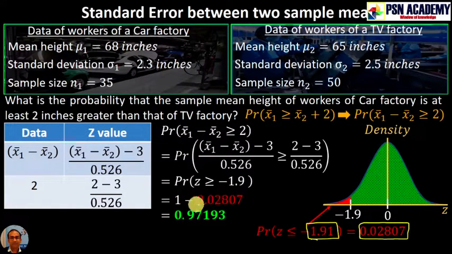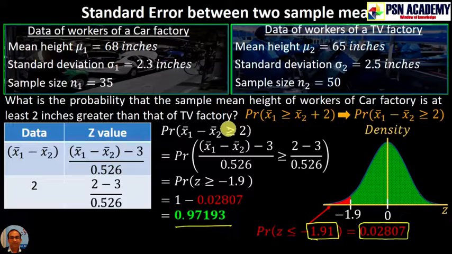So 1 minus this red region will give you the green region, and that is 0.9713. So this probability is almost 97%. There's a chance that the mean height of the workers of the car factory will be 2 or more inches greater than those workers of the TV factory whenever you go for a sample.